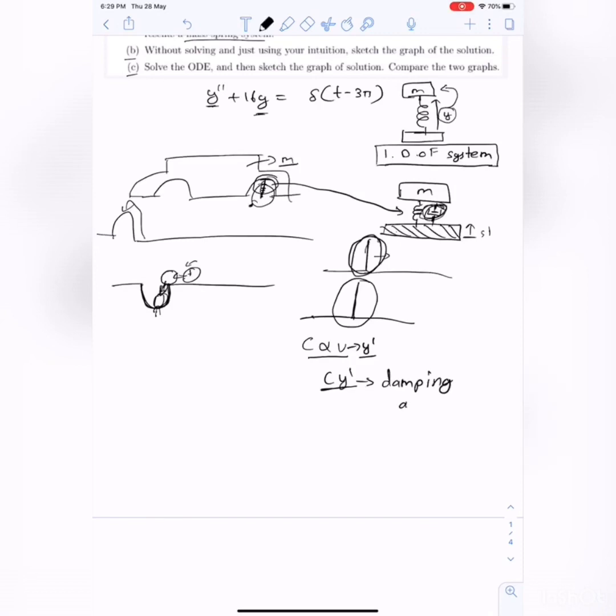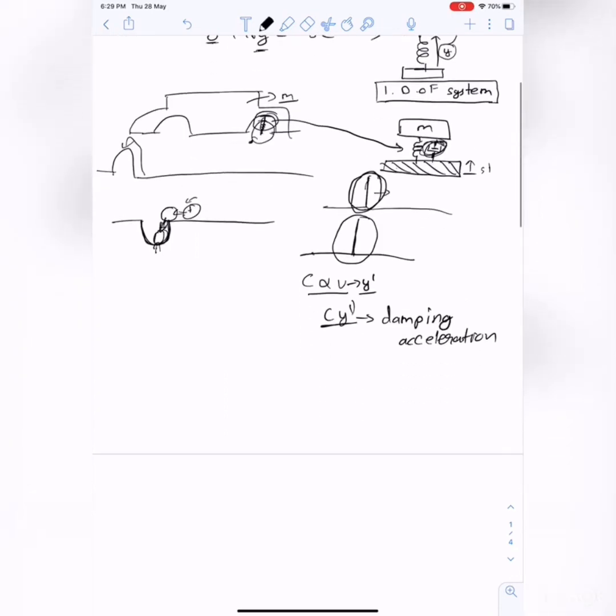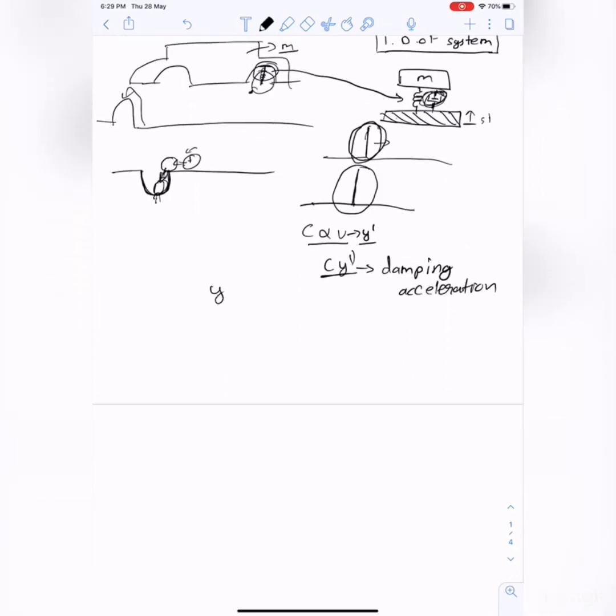In this case, damping acceleration, you can say. You multiply it by the mass, you would get a damping force. But here we are neglecting the mass. The equation of motion really doesn't consider the mass. Here you can see that there is no y dash term at all, which means this system is undamped.